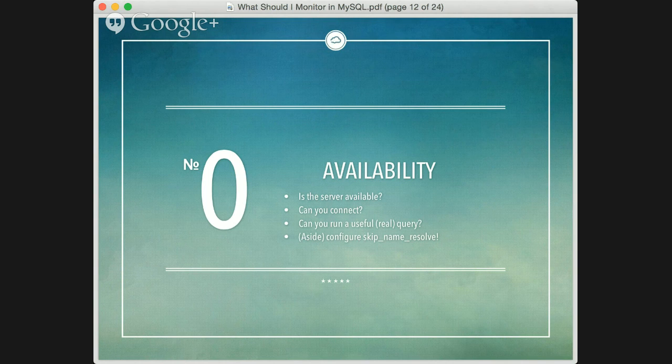Being able to connect to the server is actually quite a big deal, and it varies from database to database. Connections in Postgres are thought of as more heavyweight than they are in MySQL, where it only consists of starting a thread inside the server.